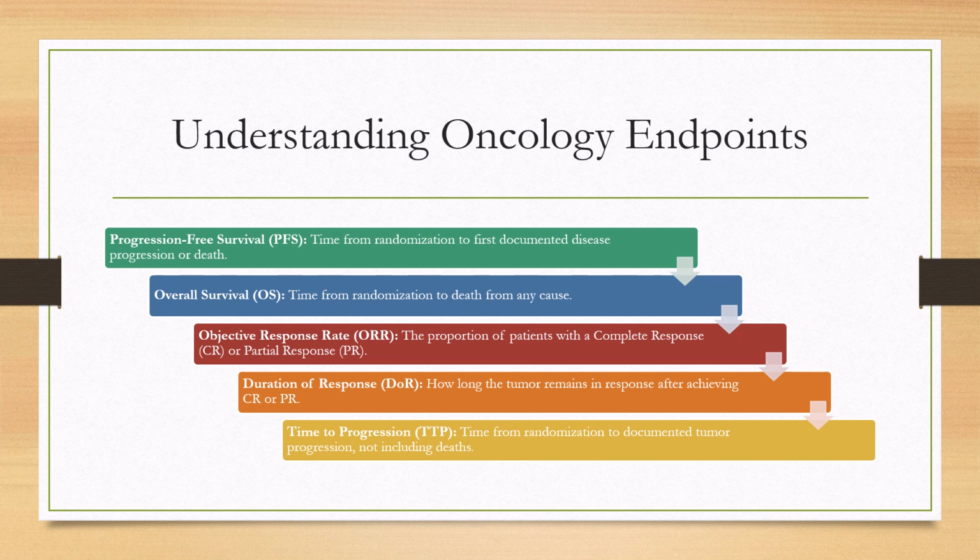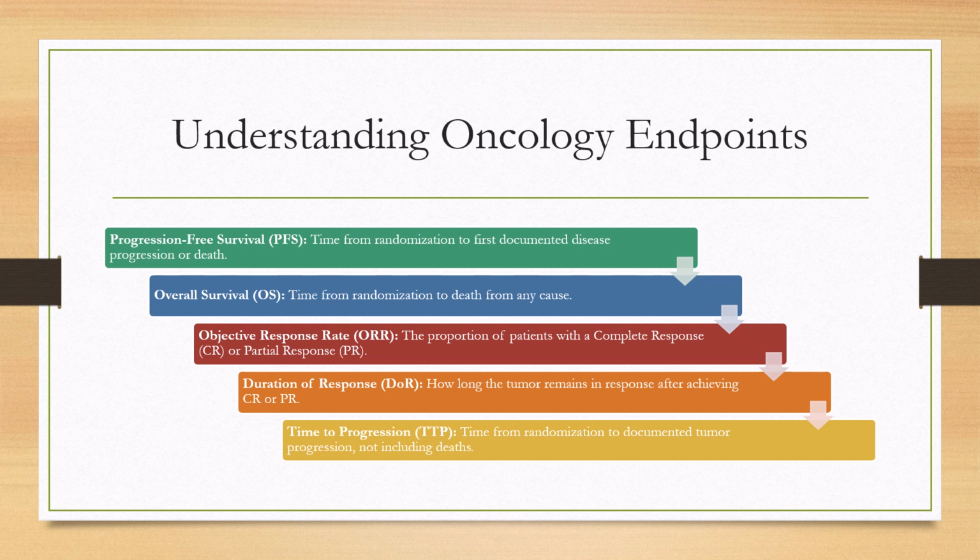If another patient only survived for 1 year, their OS, or overall survival, is 1 year. OS is the more straightforward measure because it simply counts the total time a patient lives, regardless of whether the disease has progressed. If a treatment significantly extends the OS, it suggests that the treatment helps patients live longer.